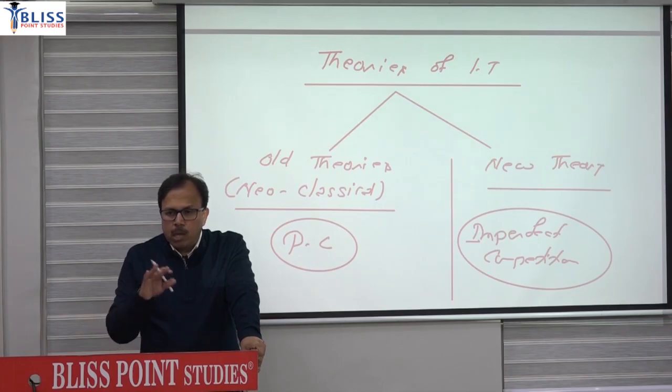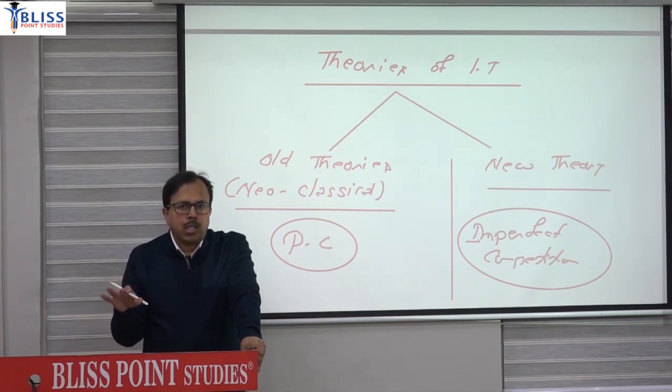Remember, there are multiple theories of trade you will be studying here, and each trade theory will highlight why trade arises. Like the Ricardian model, it will highlight that trade arises due to difference in labor productivity. That is why the heading of chapter number 3 is labor productivity, Ricardian model. Heckscher-Ohlin model will say that trade arises because different countries have different endowment of resource.